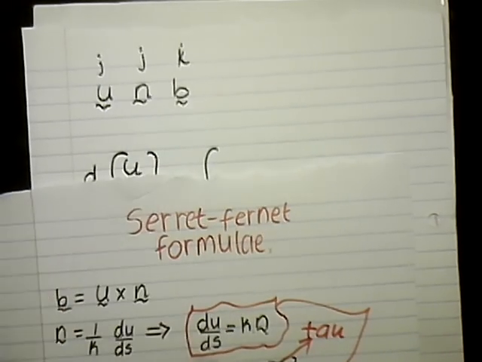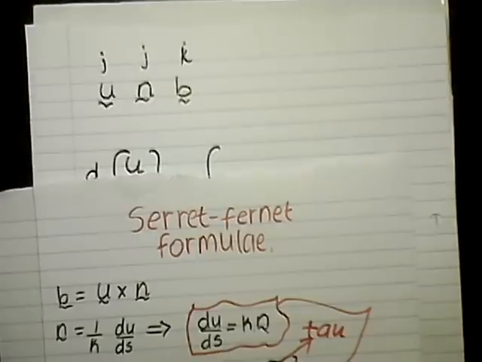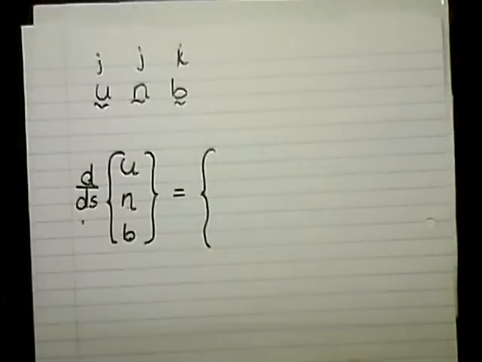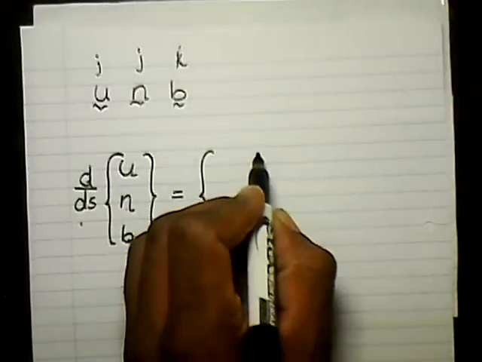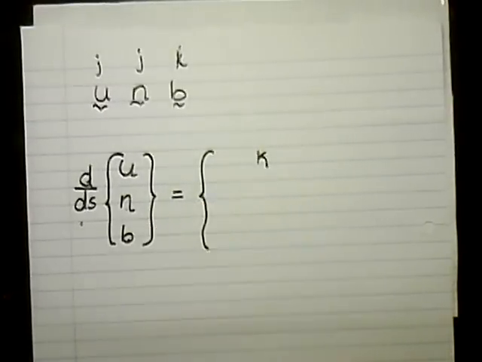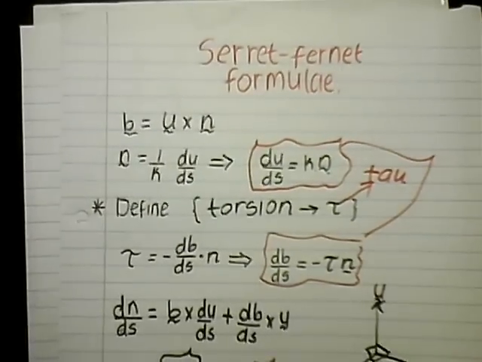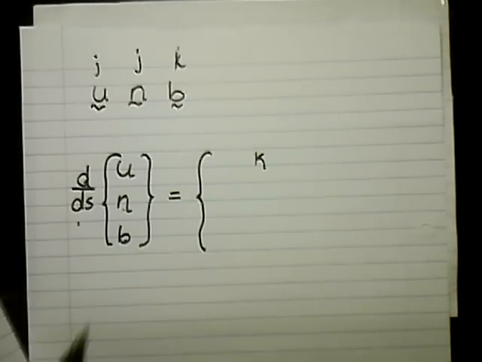So we're going to take the coefficient of n and put it on the jth column, in the middle, because the jth column is the middle column in a 3 by 3 matrix.